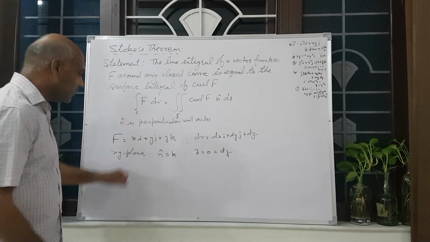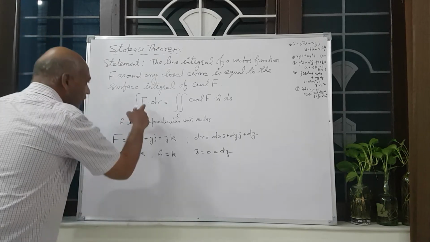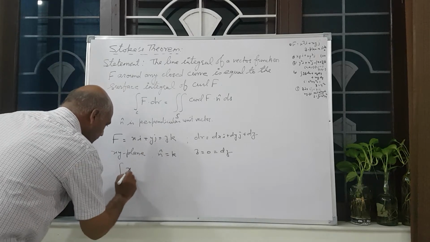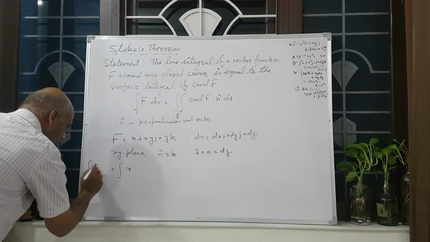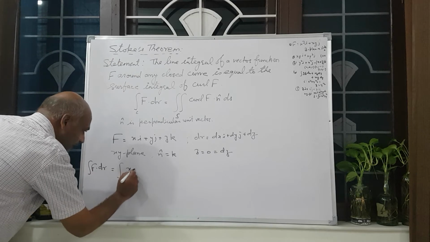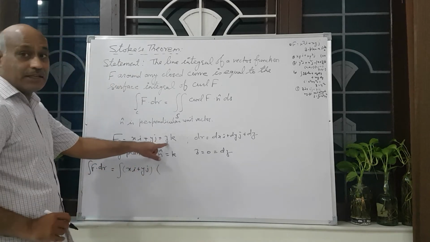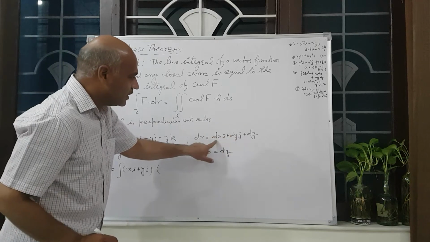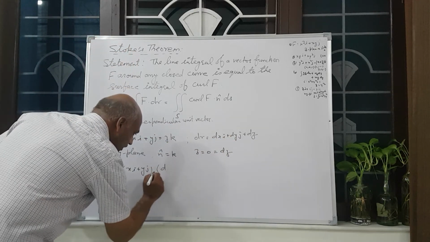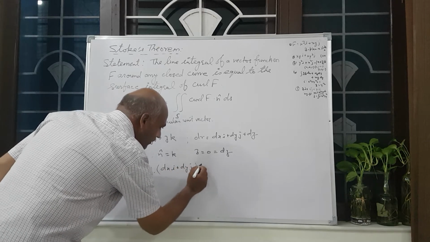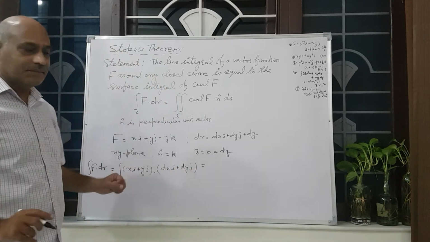So what is F dot dr? F is xi plus yj, with z equal to 0 and dz equal to 0. Dr is dxi plus dyj in the xy plane.